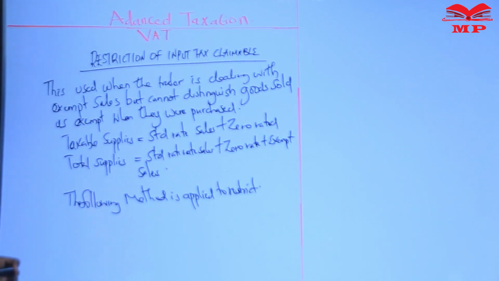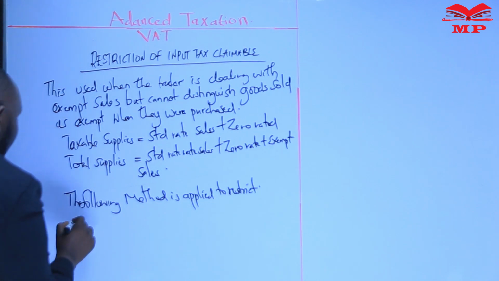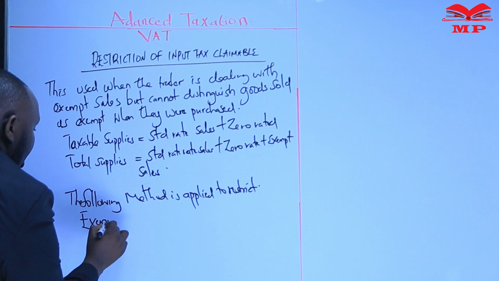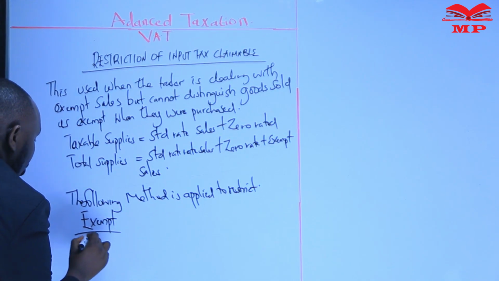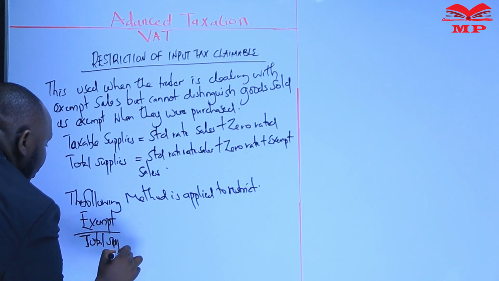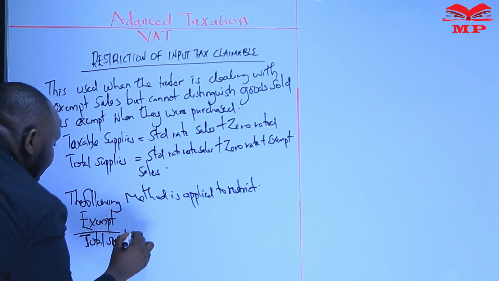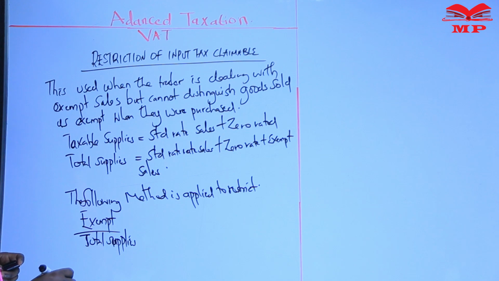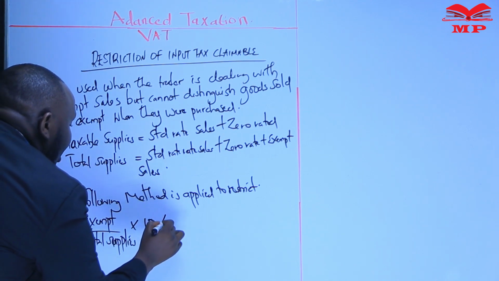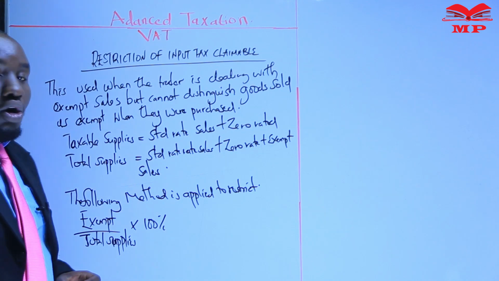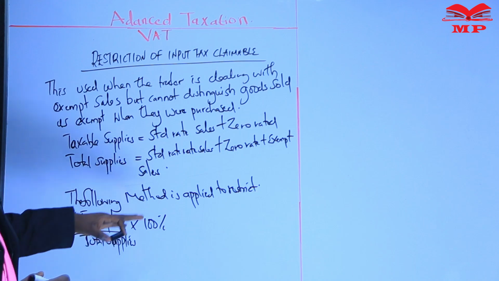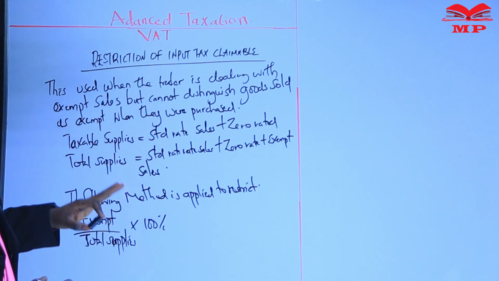Before we talk about how we restrict, we get the percentage. You get the percentage of the exempt over the total supplies, times 100%. Total supplies, we've said, is standard rate plus zero rate plus exempt sales.